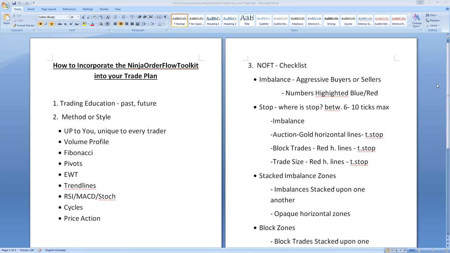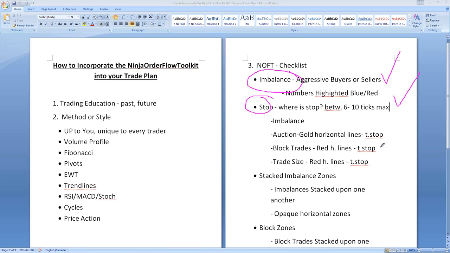Here's a basic checklist, okay? This is basically all I used for that trade, did I not? What did I use for that trade? Imbalance. My stop. Where could I hide my stop and how much was it? 6 to 10 ticks max. Check. Imbalance. Aggressive buyers or sellers. Check.